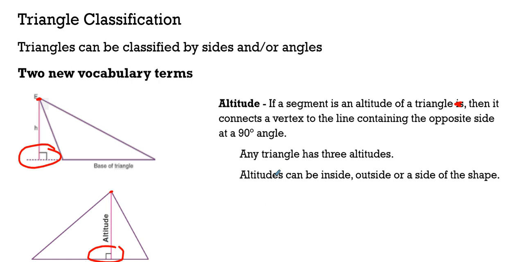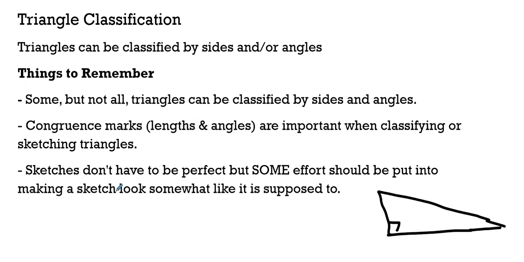And it can be the shape itself. If we're talking about a right triangle, a side of that triangle is a perpendicular from a vertex, right? So a side can be an altitude in the case of a right triangle. Okay? So just some things to remember as we're going through here.